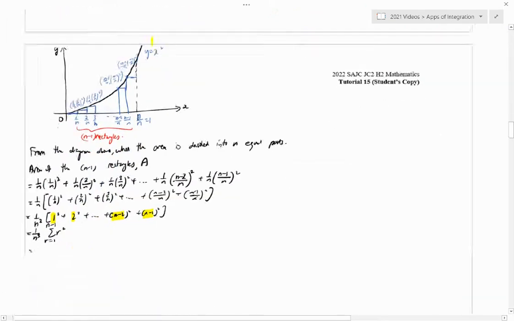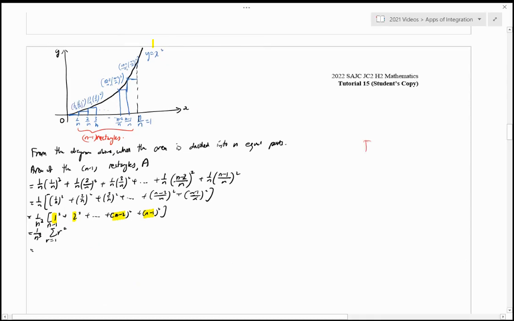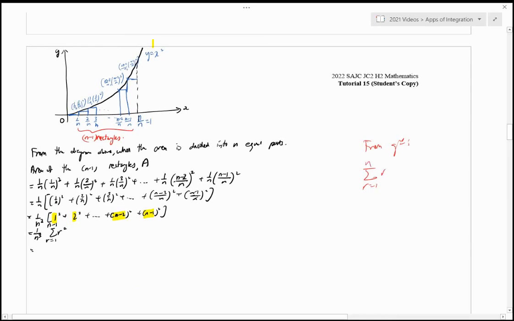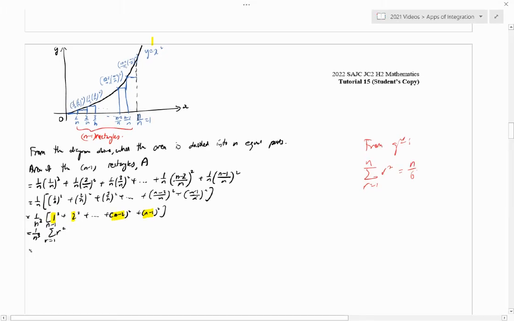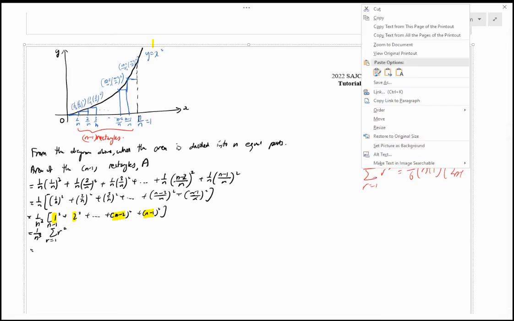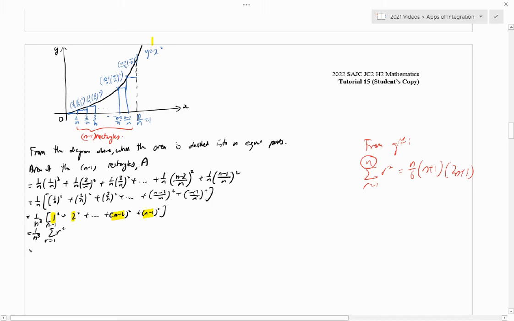And now there's n minus 1. So remember from the question, the sum of r squared, r equals 1 to n, is equal to n over 6 times n plus 1 times 2n plus 1. So now your n is replaced by n minus 1.